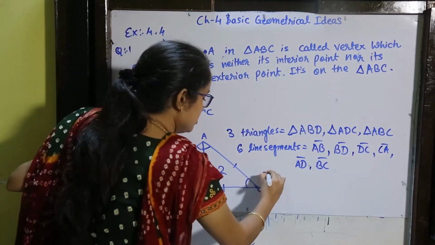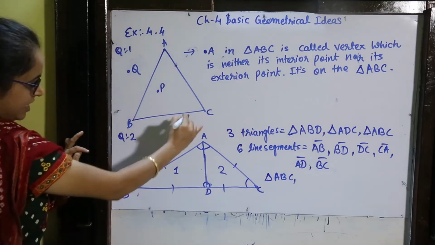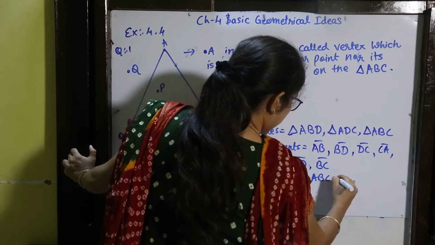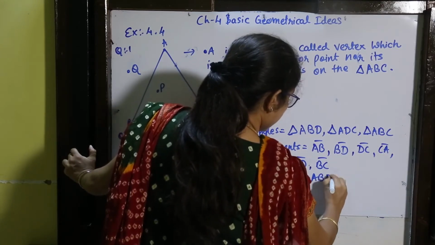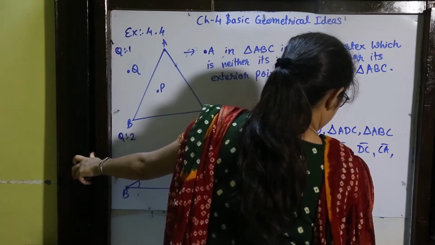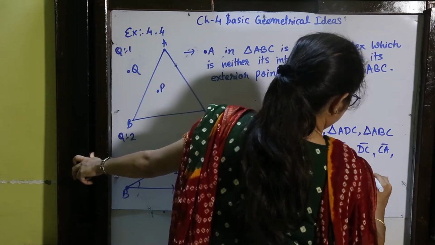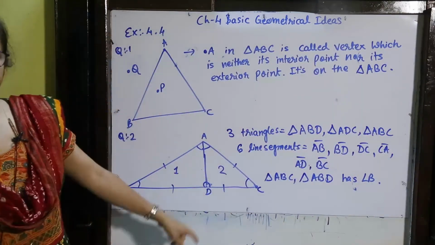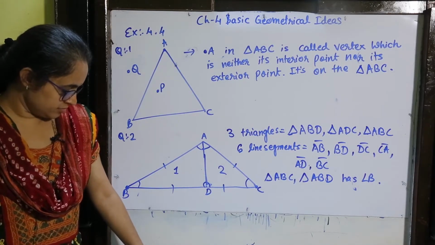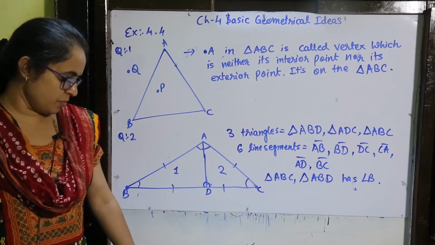So triangle ABC, and next is triangle ABD. Triangle ABD has angle B. Triangle ABD and ABC have angle B. So that's all in the question exercise 4.4.